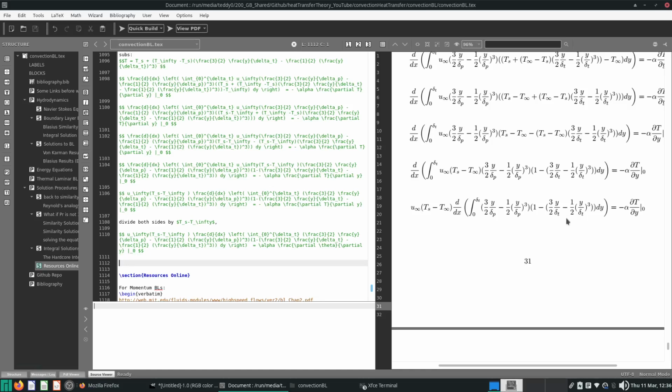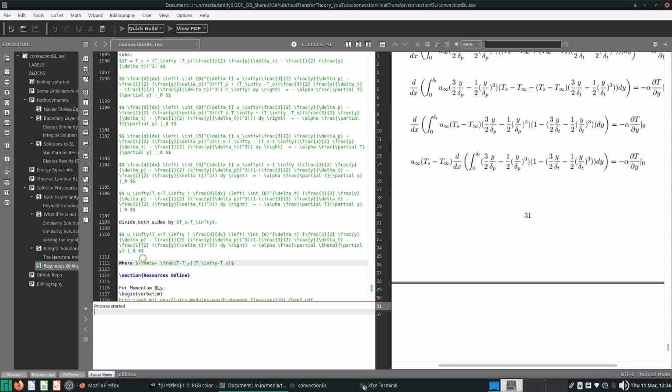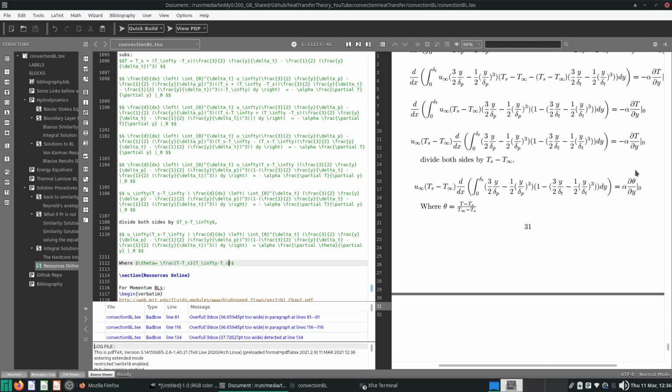And then you can substitute the right hand side with theta, where theta equals T minus Ts over T infinity minus Ts. So it's a very quick way to get rid of this Ts minus T infinity, and you get theta on the right hand side. You shorten everything for sure. Of course, when I divide throughout, you notice that Ts is negative at the bottom, so I took out the minus signs.